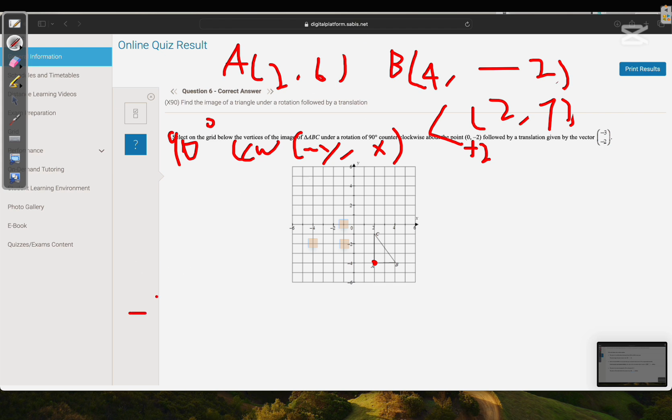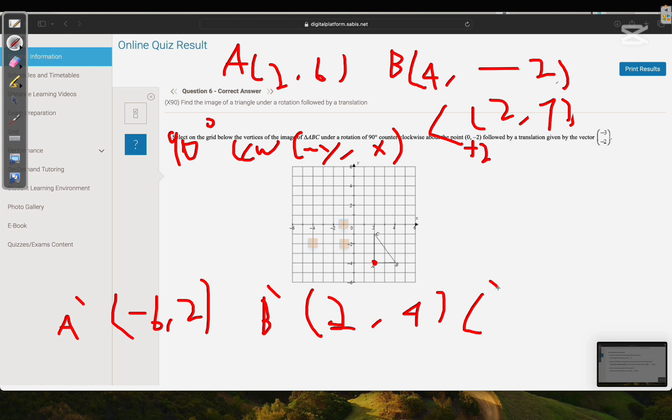So -6, 2 for A prime, and then B prime would be, not 4 negative, sorry, it would be 2, 4, while C prime would be -1, 2. Okay, let me erase all of the old points.